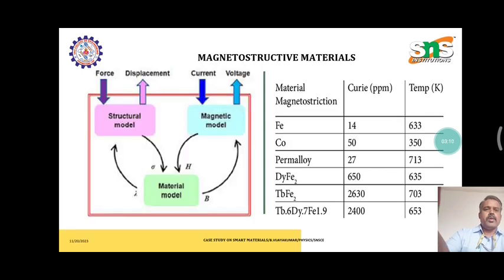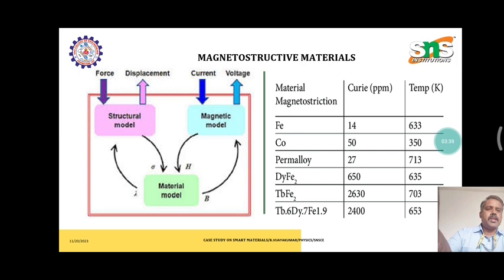The second one is magnetostrictive materials. When a force is applied, a displacement is formed in the structural mode. The second is the magnetic mode, where a current is applied and a voltage is given. Then the material mode is a combination of both. For the material magnetostriction, Fe has a Curie temperature of 633 Kelvin with 14 ppm.